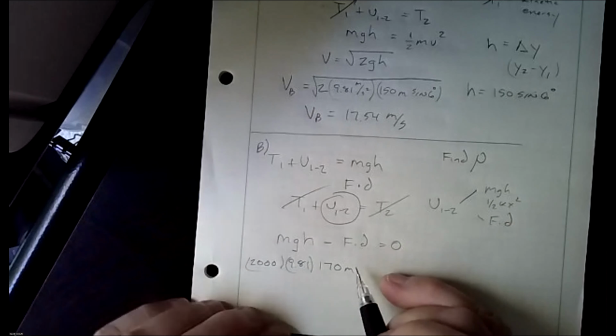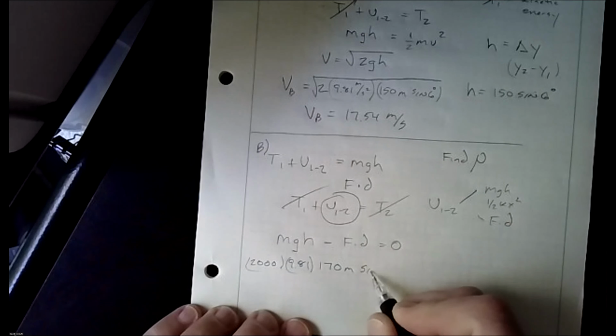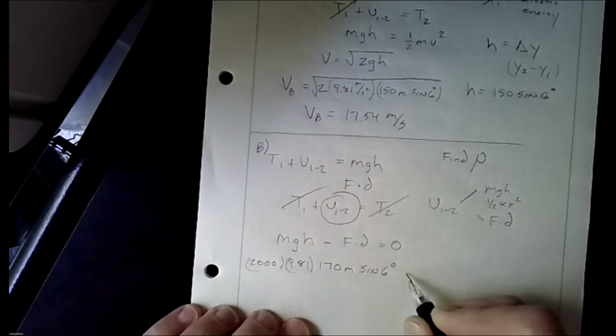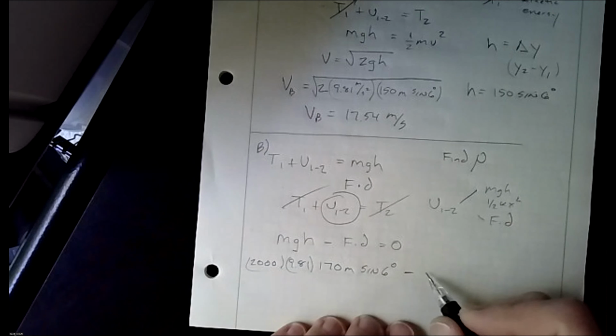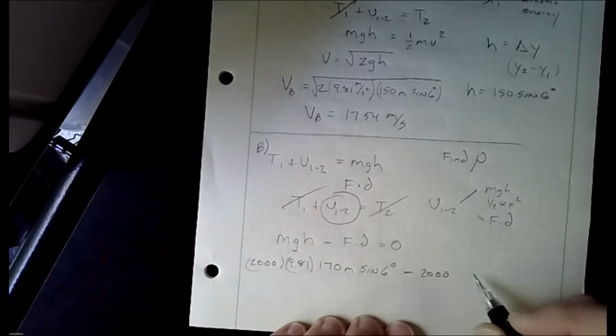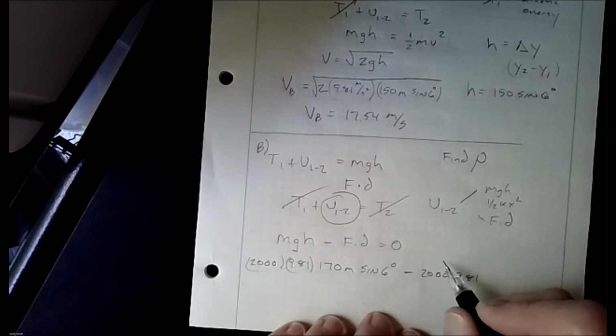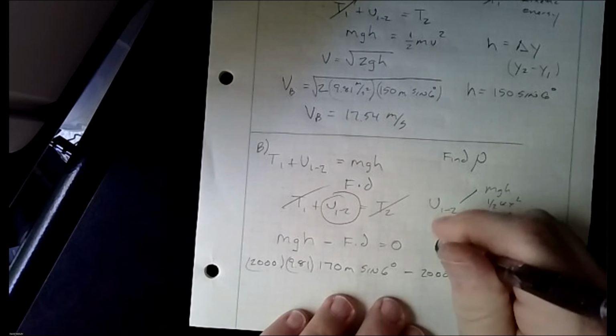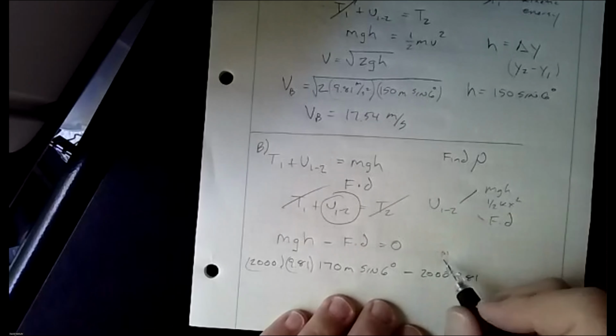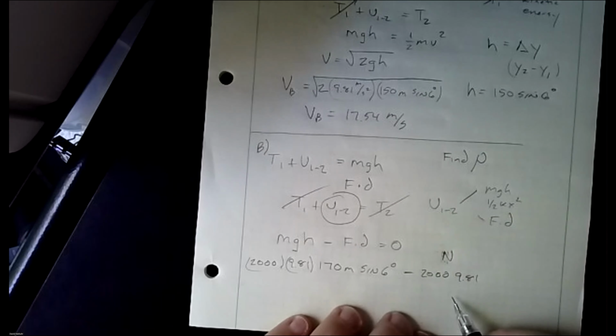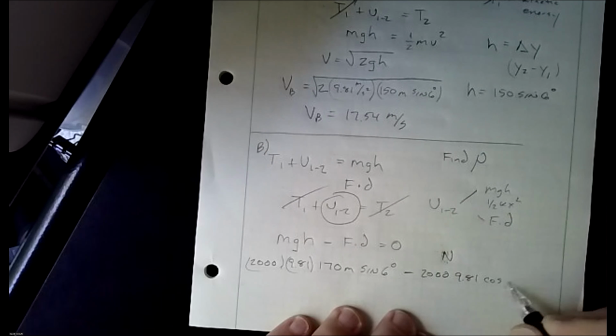So 170 and then sine 6. And then subtract from that 2,000 times 9.81. And so what is this? This is the normal force, right? Normal force of the vehicle. And then the normal force times cosine 6 degrees, right?